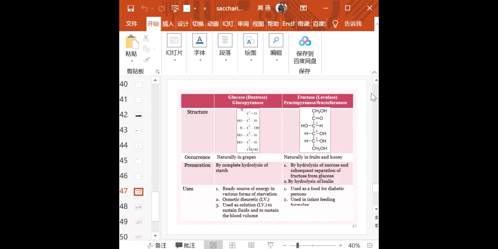So we will introduce their natural occurrence, the sources where they are from, their preparation methods and their uses. We will start from monosaccharide, the simplest one.